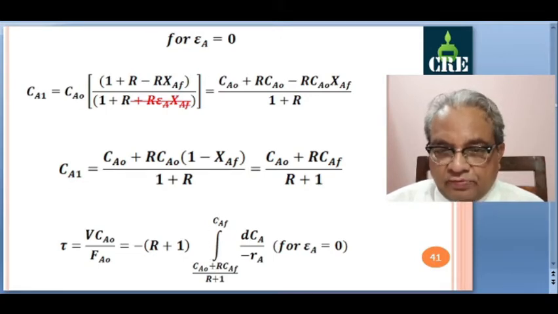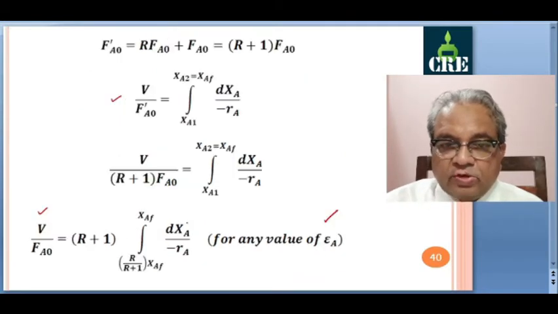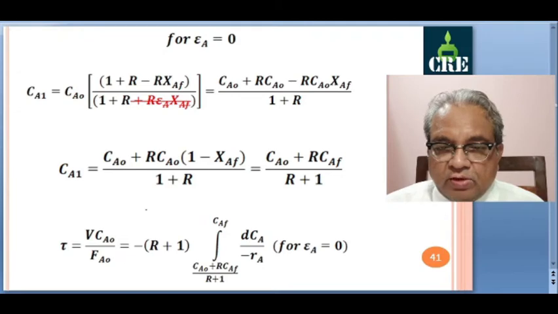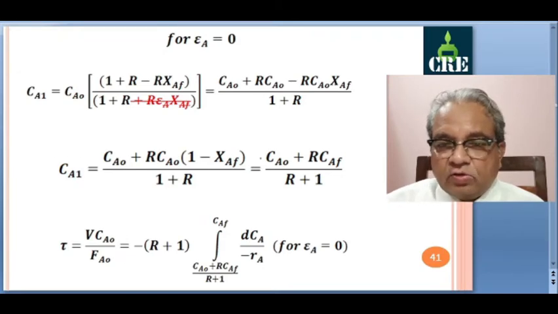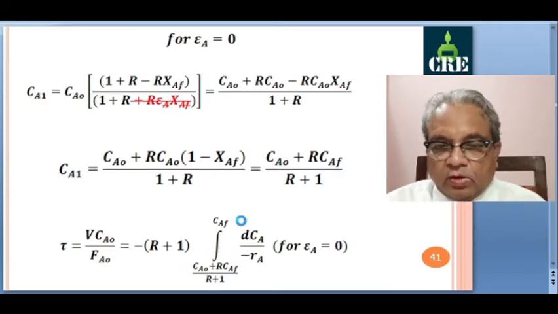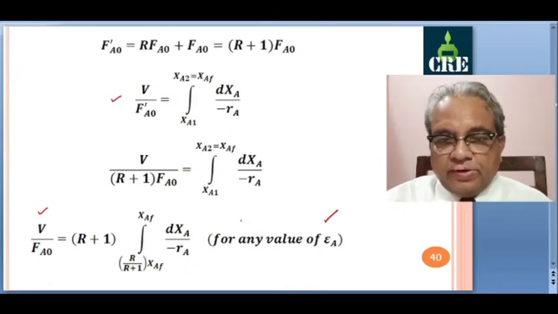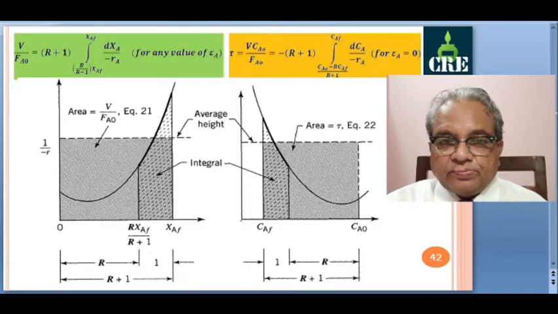This was XA1 to XAF, and XA1 is written as r by (r plus 1) into XAF. So we write this now in terms of CA1 to CAF, and the CA1 definition is now (CA0 plus r CAF) by (r plus 1). So for epsilon equal to 0, in terms of concentration, we can write this equation for easy interpretation.